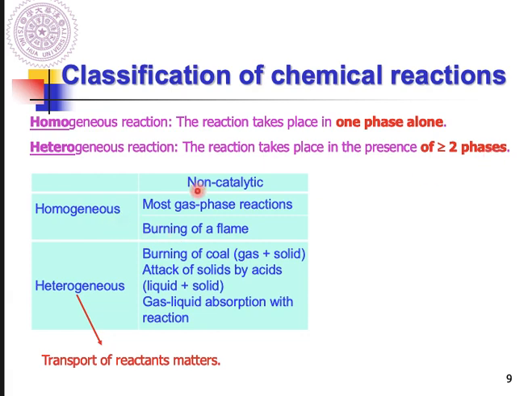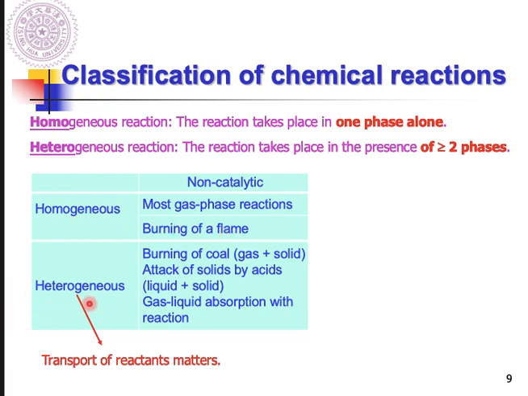So if we don't add any catalyst inside these chemical reactions, then for homogeneous reactions, for example, most gas phase reactions or most liquid phase reactions, burning of them belongs to homogeneous reaction.